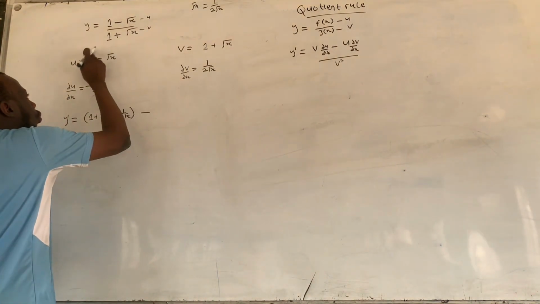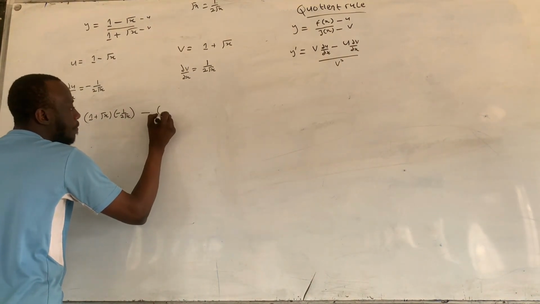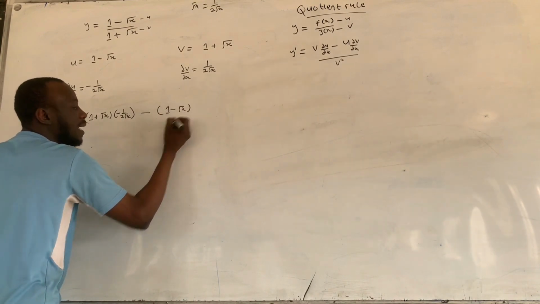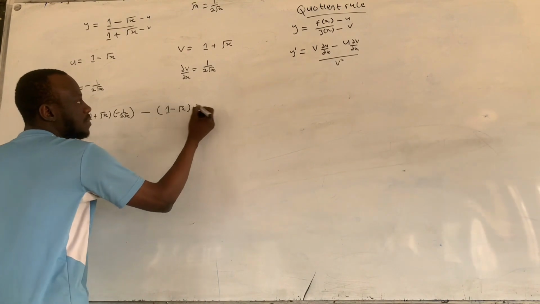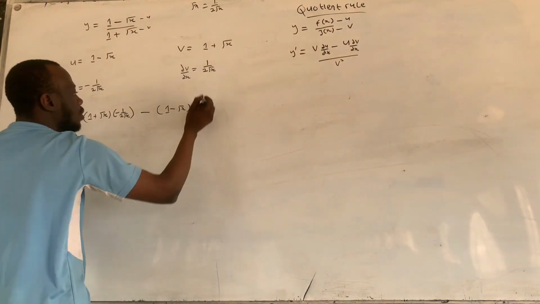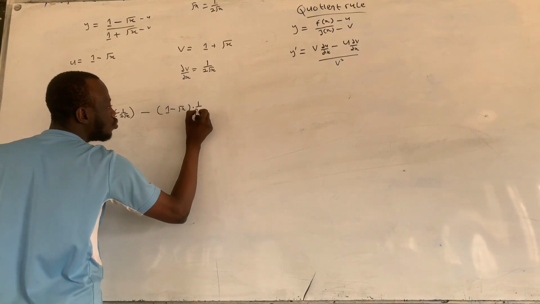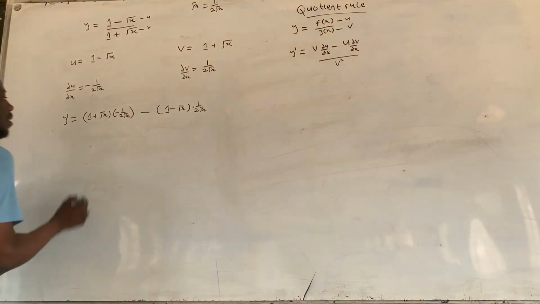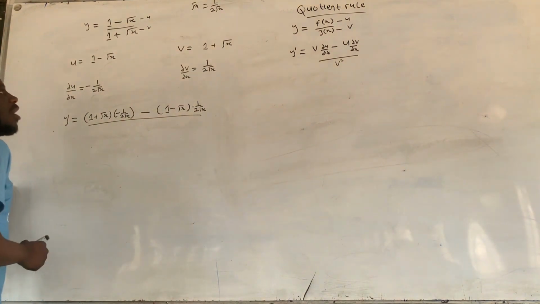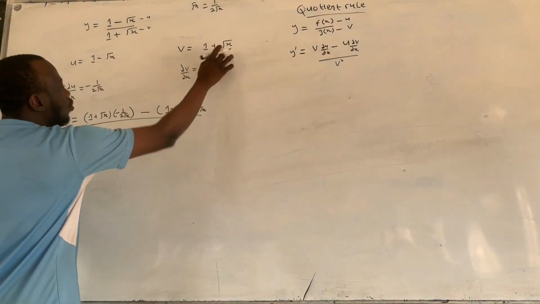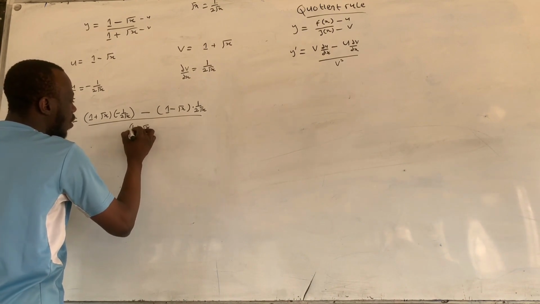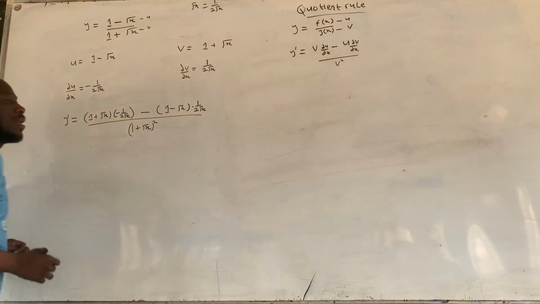Our u, which is 1 minus root x, times dv over dx, which is 1 all over 2 root x, all over v. What's our v? Our v is 1 plus root x all squared.